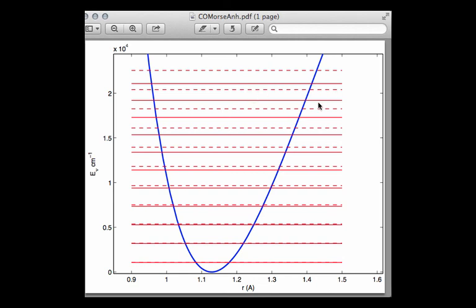So the anharmonicity really does start to get quite significant as you go toward very high excitations. And obviously, if you look at this function, it's not a parabola either.